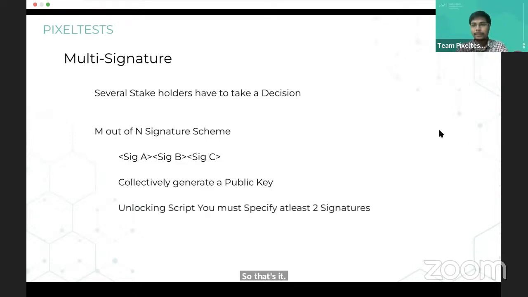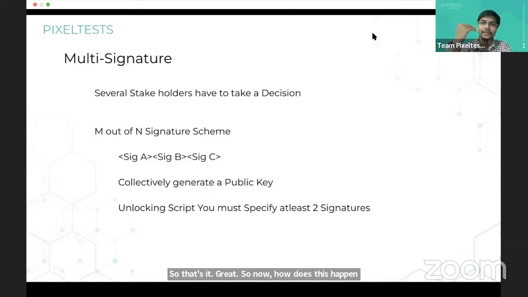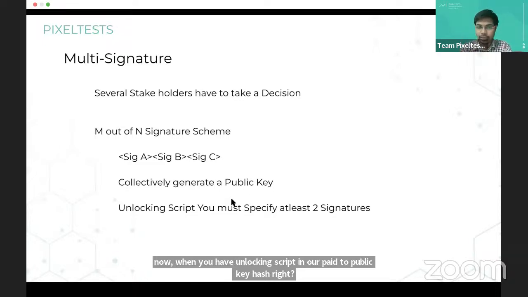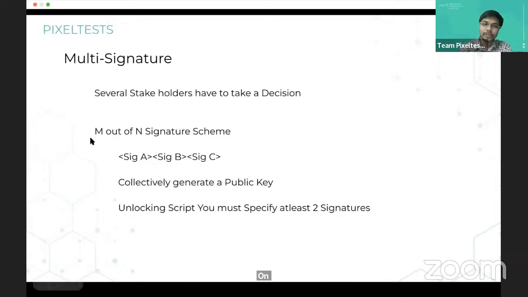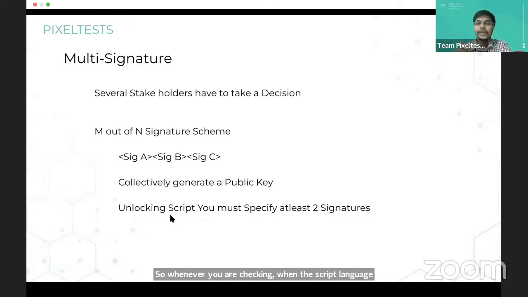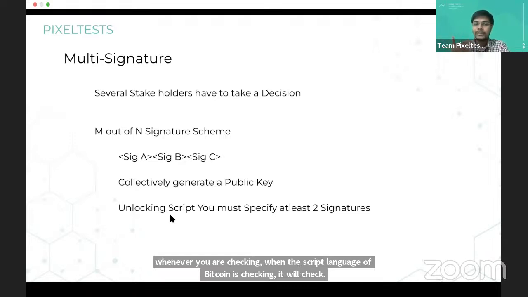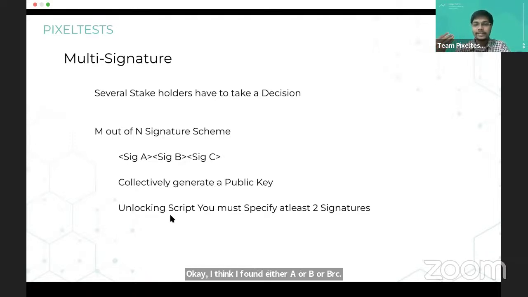So now how does this happen? When you're paying to public key hash, the unlocking script had only the public key hash of one person. In a 2 out of 3 signature scheme, we'll have signatures of multiple people. Whenever the script language of Bitcoin is checking, it will check, okay, I found either A and B, or B and C, or A and C's signatures in this.